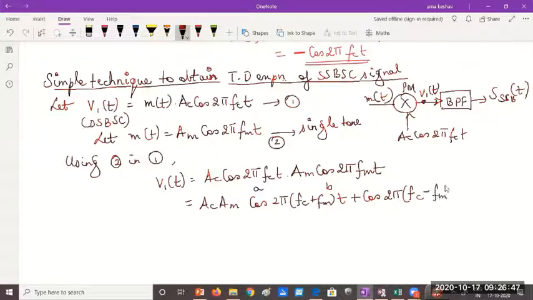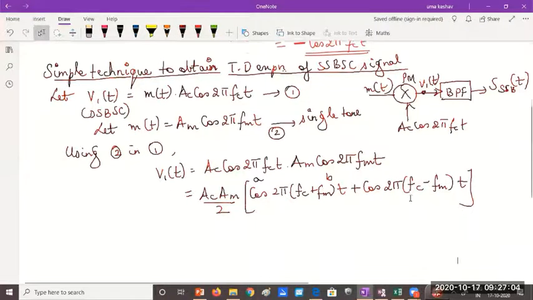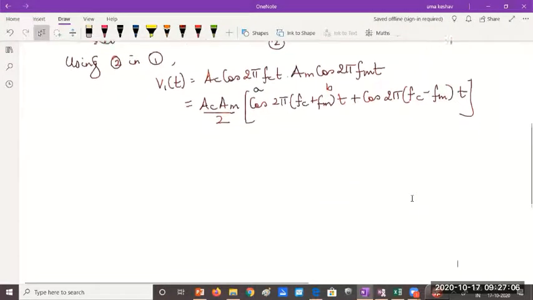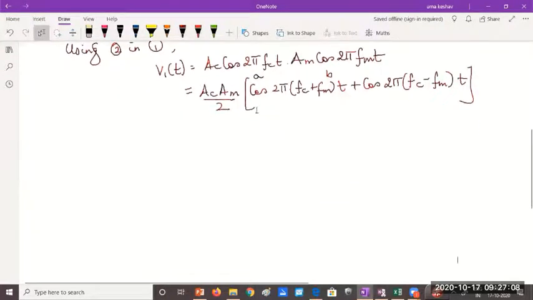How many times we have done this? And divided by 2, right? You shouldn't forget divided by 2. Cos A into cos B is always written as cos of A plus B plus cos of A minus B.